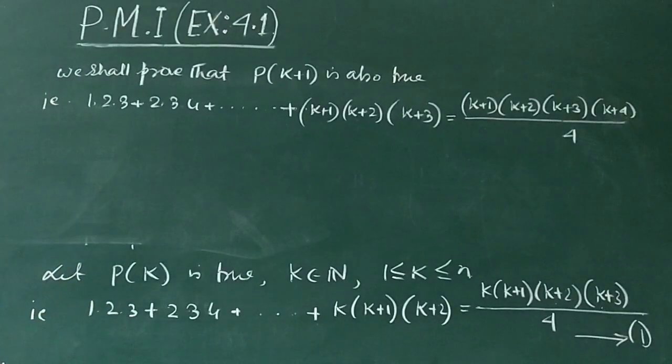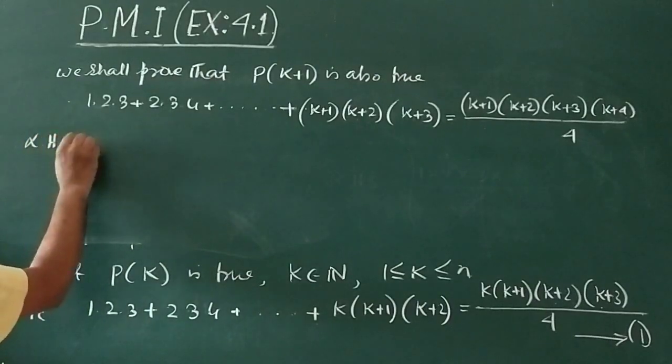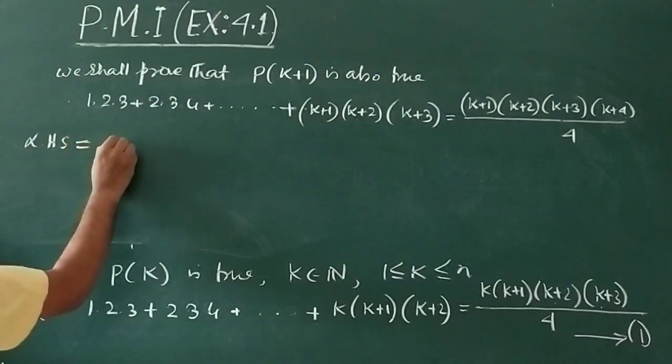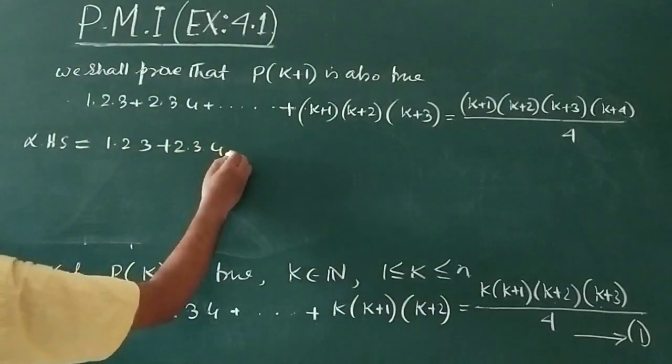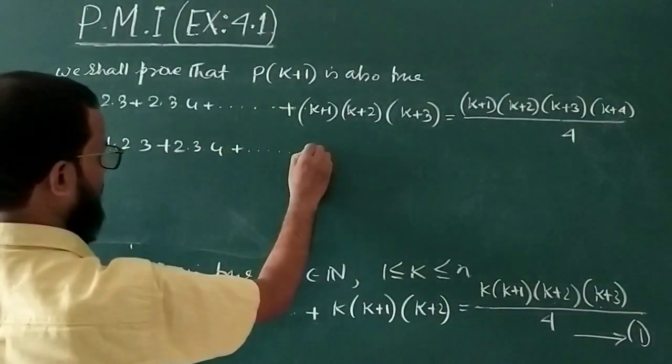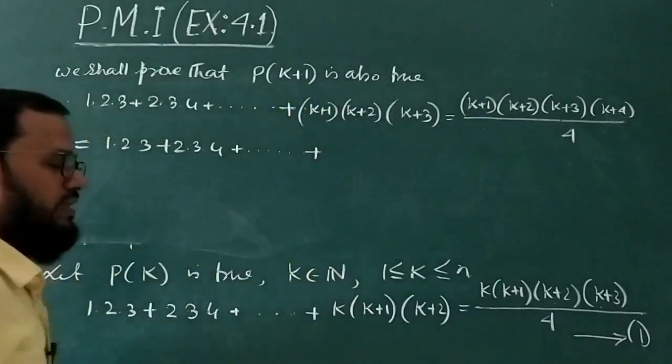Okay, now take left hand side. आप लेफ्ट हैंड साइड ले ले. This is your left hand side. Left hand side is equal to, you can write 1 into 2 into 3 plus 2 into 3 into 4 plus what is the term that is called what?